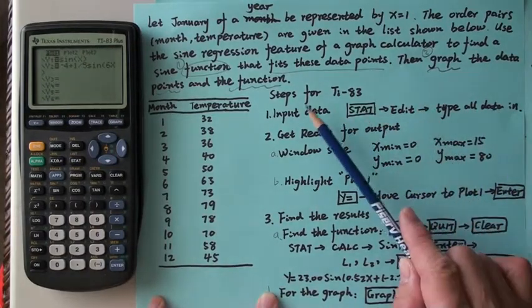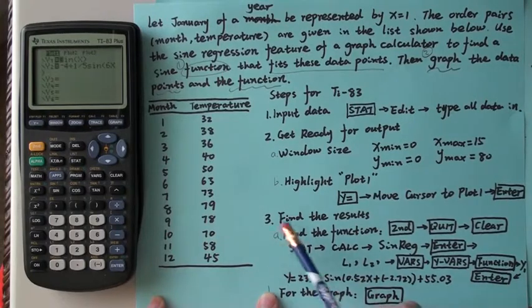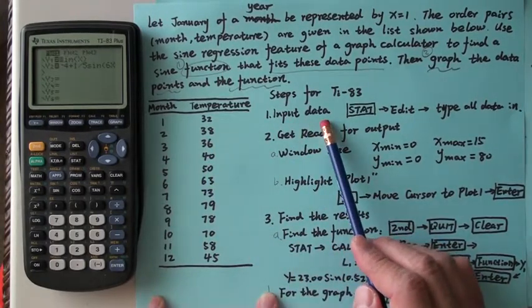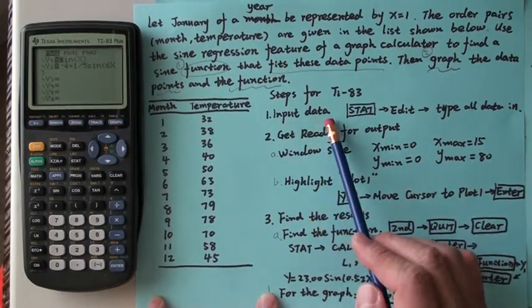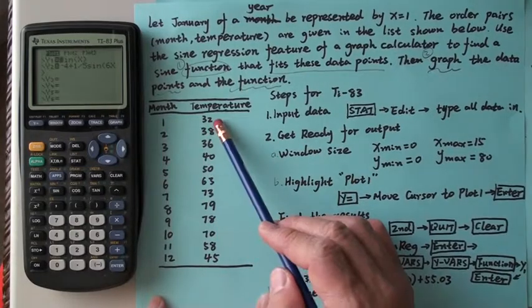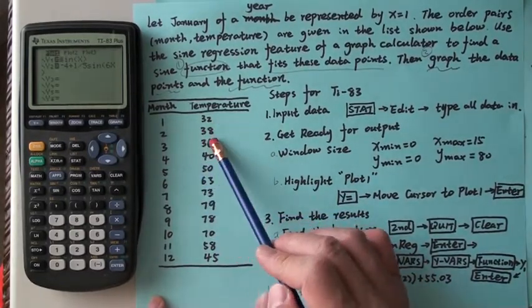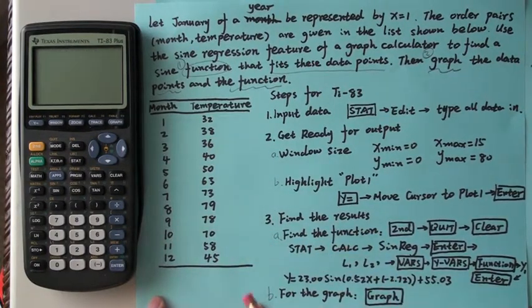With the TI-83, here are the steps. The first thing we need to do is import data. So step 1, import data for these 12 pairs, 1, 32 to 12, 38.